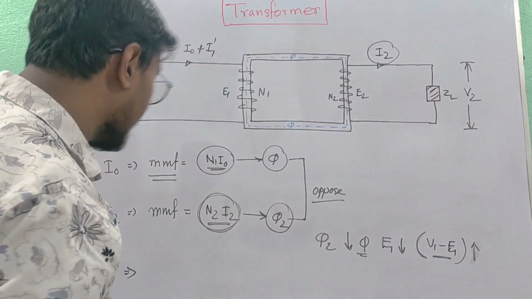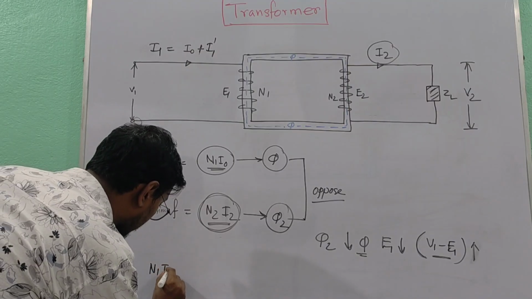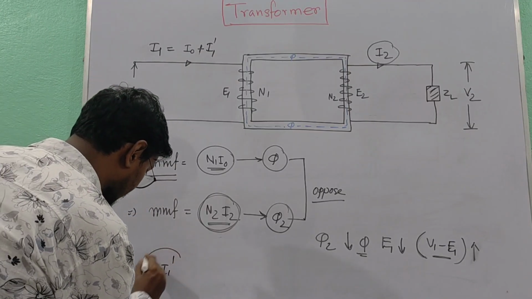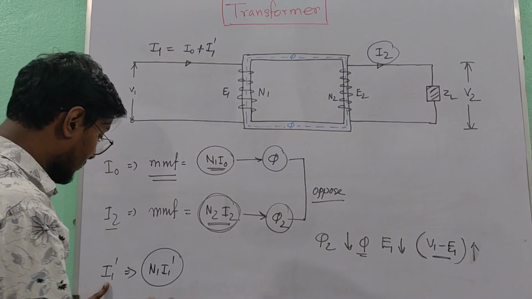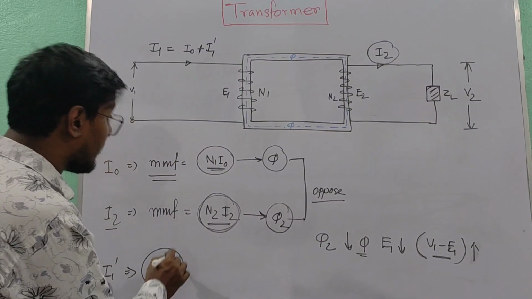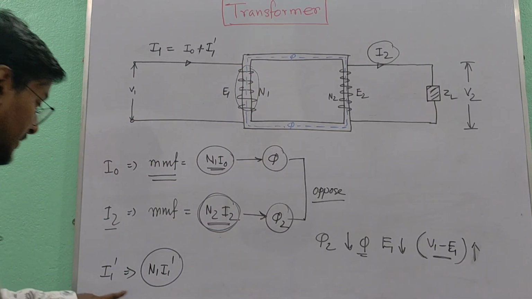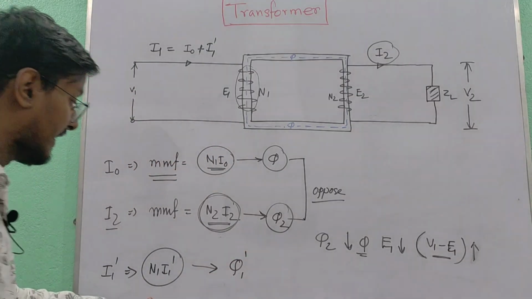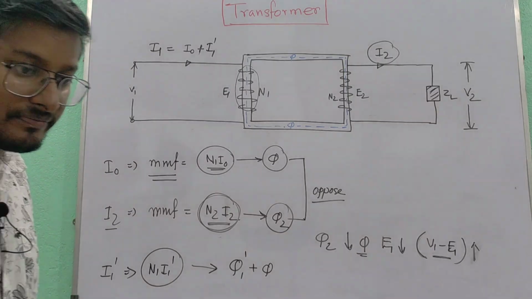This I1 dash will produce an MMF N1 I1 dash in the primary, which produces extra flux phi 1 dash in addition to the original flux which was phi.